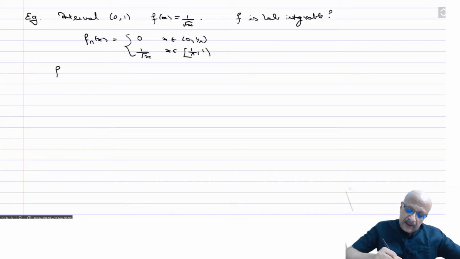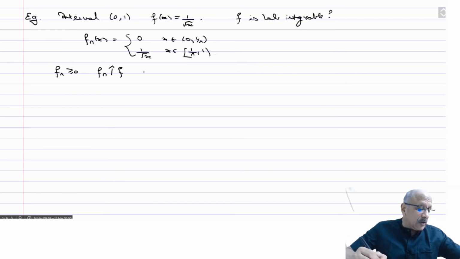Then f_n is all non-negative, and therefore f_n will increase to f, because you are cutting off from 1/n and then n is increasing, so more and more of this interval is taken up. The functions are all increasing, and so it's very easy to see that this increases to f.